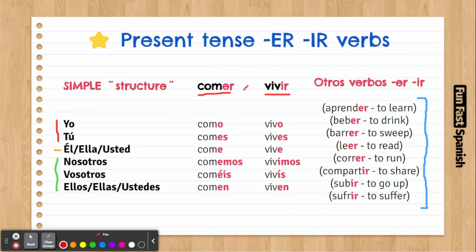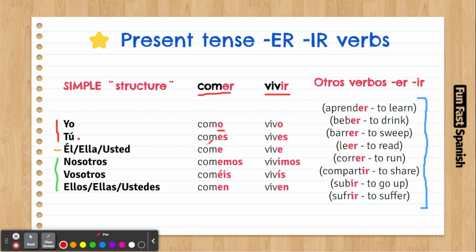So how will we say I eat? Same as with the verb AR. We're going to replace the ending ER for the ending of the conjugation. So, yo como. And how do we say you eat?